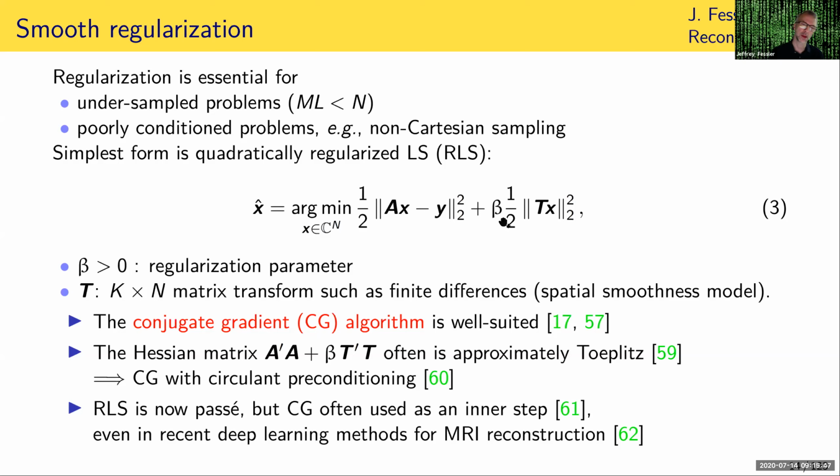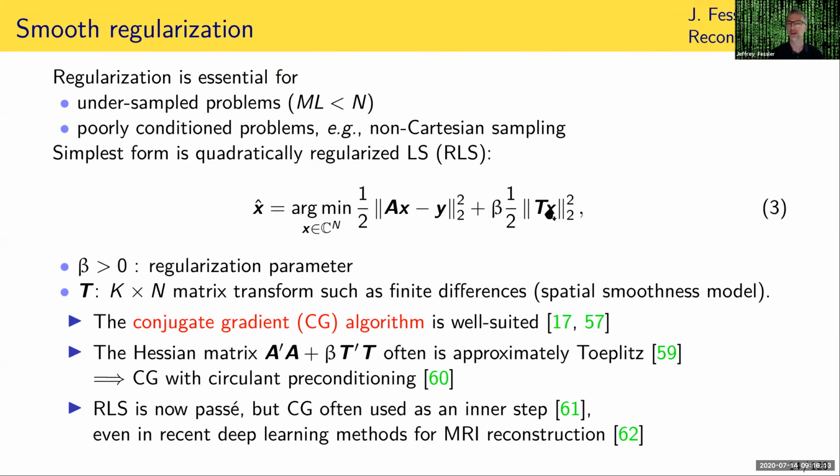And the simplest form of regularization is a quadratic regularizer. So now we're reconstructing the image by minimizing a cost function consisting of two terms. One term measures how closely we agree with the data, or how much we don't agree with the data. It's a misfit to the data. And then another term that in a Bayesian setting would be a negative log prior that encourages images to concur with our prior expectations of what images look like.